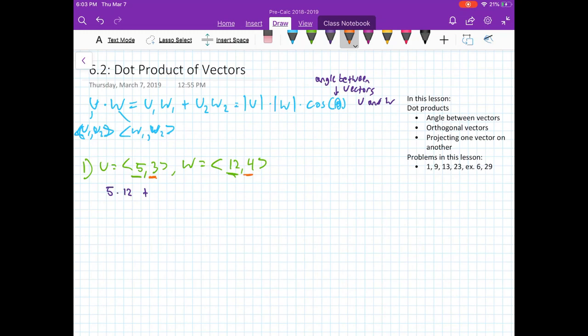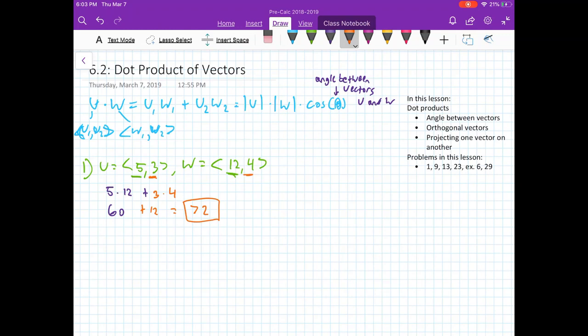That would be added to 3 times 4. If we work that out, that works out to 60 plus 12, which gives us simply 72. And that, easy peasy lemon squeezy, is our answer. Great. And that's literally all we do for dot products of vectors. This is important to know because this is a foundational building block of the rest of the lesson.